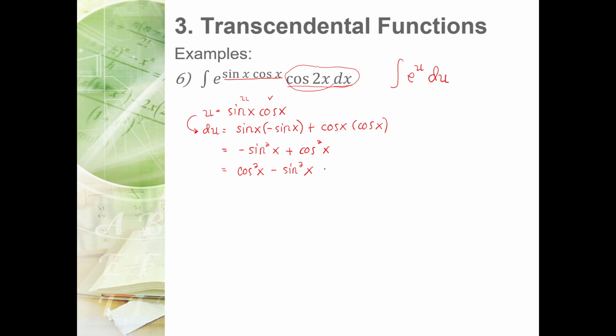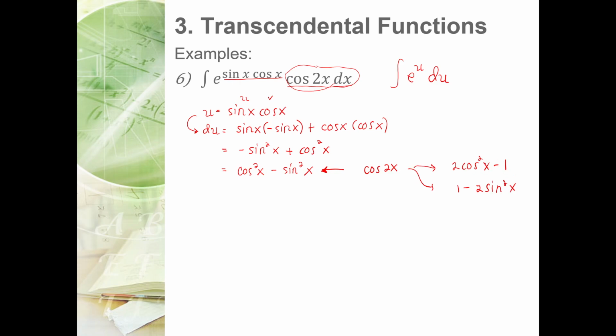If you're not familiar with this particular format, this one is the double angle for the cosine. If you search that on your phones, this is equivalent to cosine 2x. So other formats for cosine 2x are, of course, 2 cosine squared x minus 1, and then the other one is 1 minus 2 sine squared x.